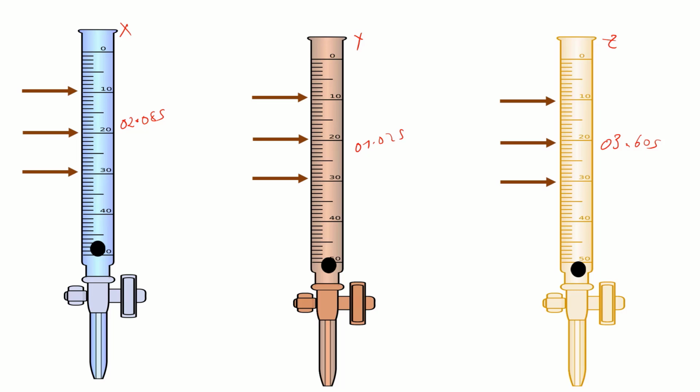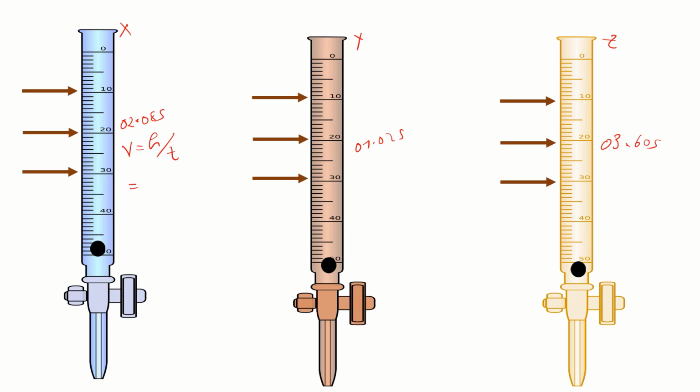Now how then do we know which of the liquids is more viscous? I believe you must have already seen. What I'm going to do is calculate the terminal velocity here. You can do this twice and take the average value. I'm just going to use my values here. The terminal velocity is simply the height divided by the time taken to cover that height.